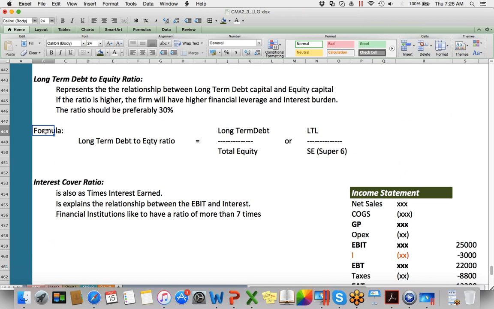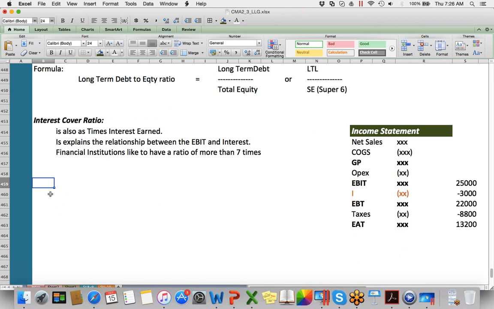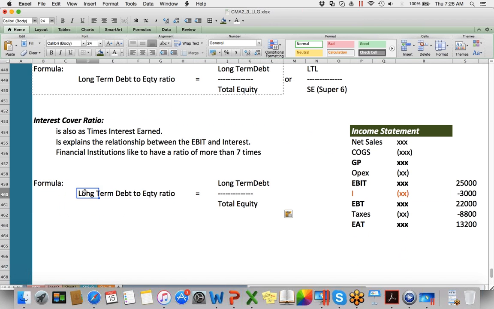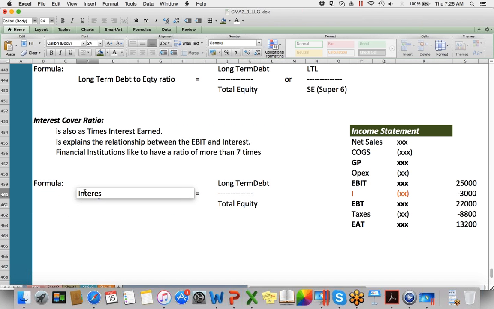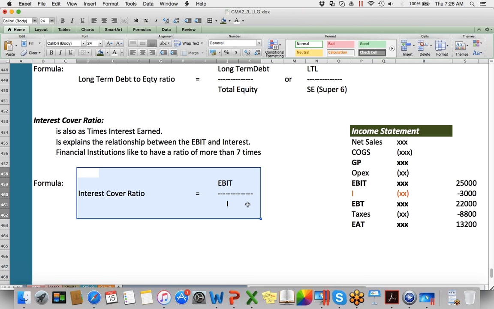The formula for the interest cover ratio equals EBIT divided by I. Very important, please. Many times, for almost every candidate, this ratio is asked.